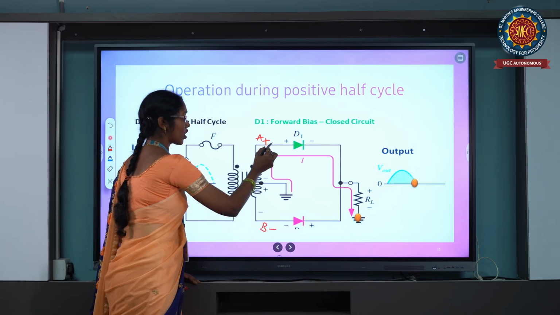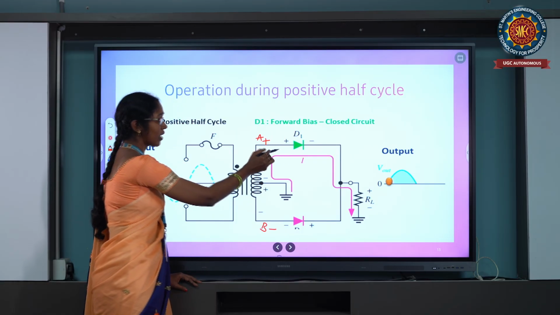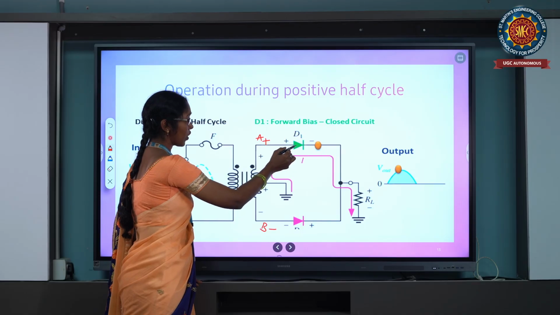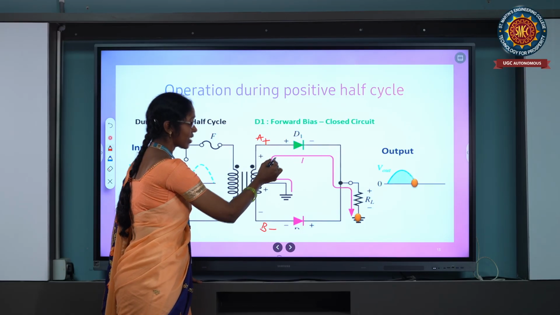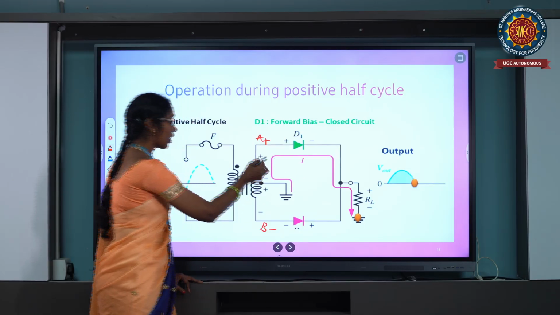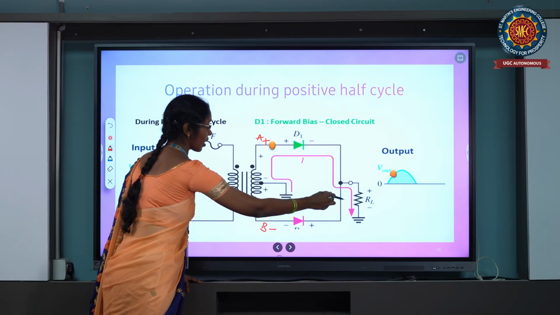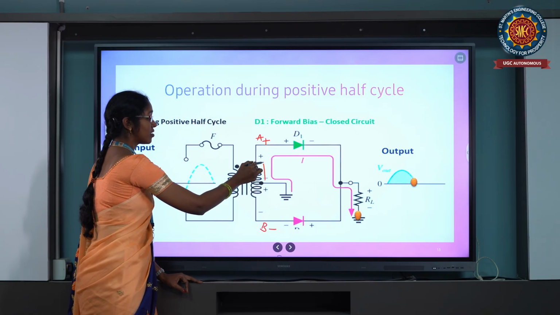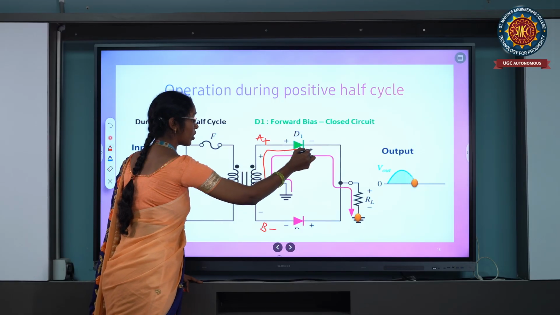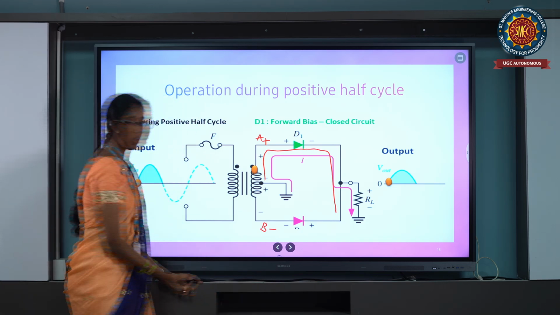This positive voltage is given as input to the anode terminal of the diode. Due to that input voltage, the diode is forward biased and acts as a closed switch. So it allows the current to flow through the load resistor. It starts from the upper half of the secondary winding, through diode D1 and load resistor RL, to the ground.